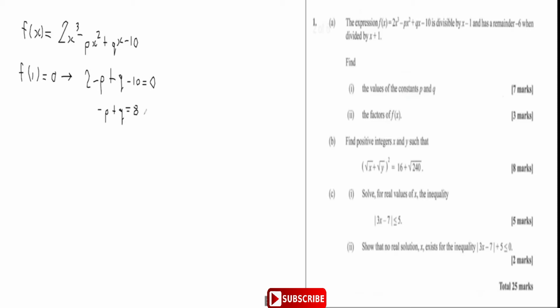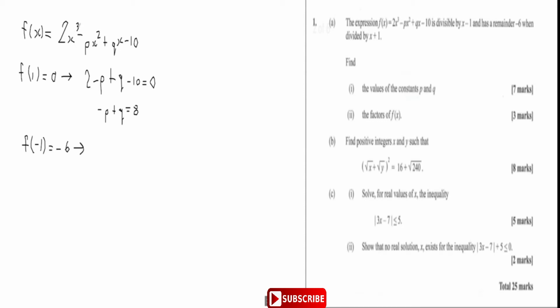They say it has a remainder of minus 6 when it is divided by x plus 1. So what they're also telling us is that f of minus 1, because if x plus 1 is a factor, then it's f of minus 1, is equal to negative 6. So we plug in minus 1 here.